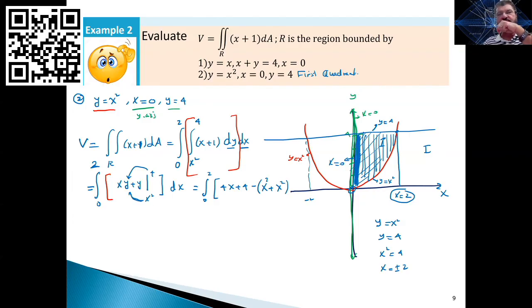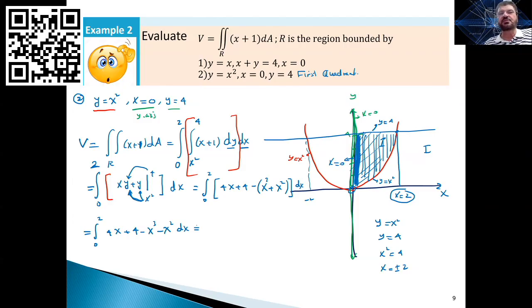You replace x squared here, you get x squared times x is x cubed. Then you put it here, you get x squared. Here it is. All of that dx. And this is equal to the integration from 0 to 2 of 4x plus 4 minus x cubed minus x squared dx.